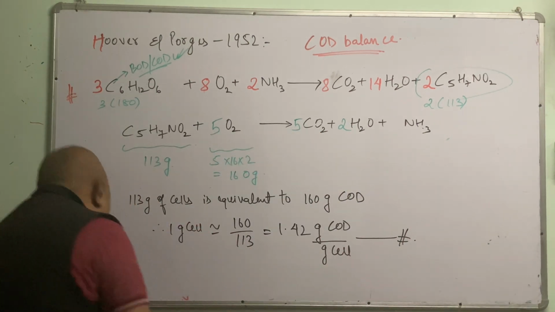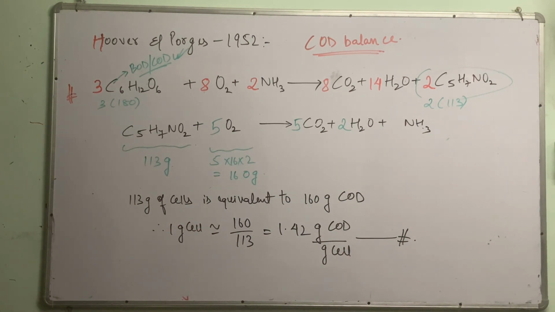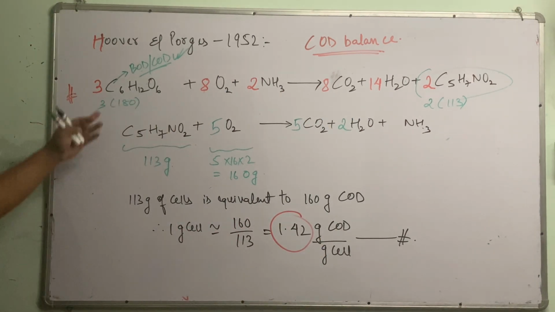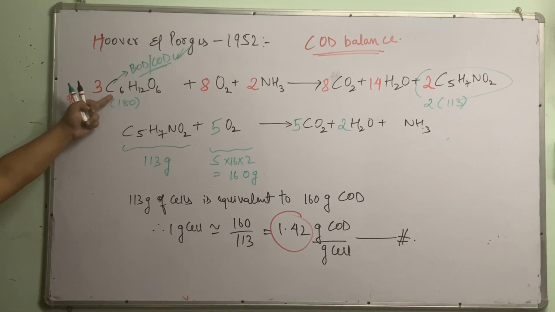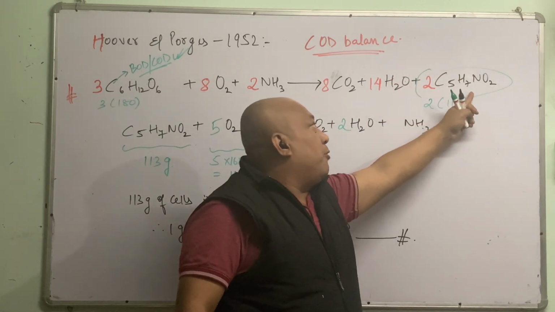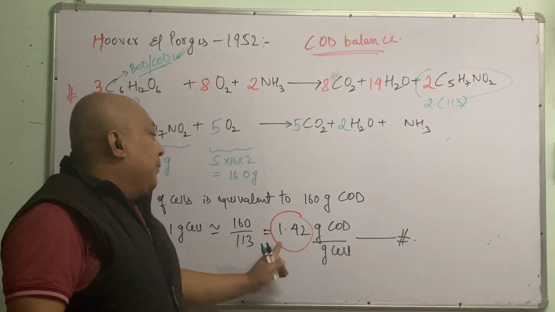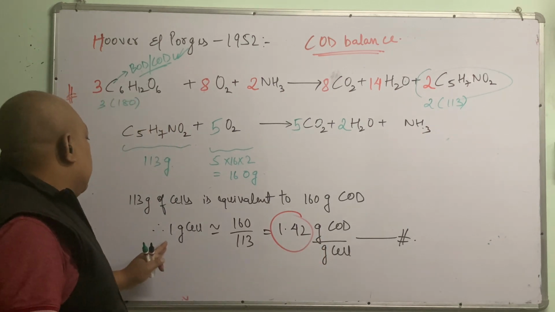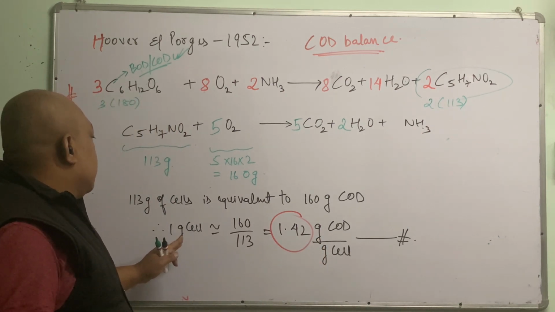This is another concept. You please see. 1 gram of glucose is equivalent to 1.07 gram of COD, whereas 1 gram of biomass is equivalent to 1.42 grams of COD.